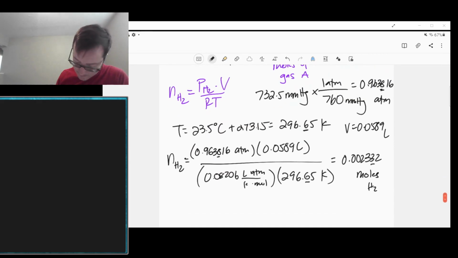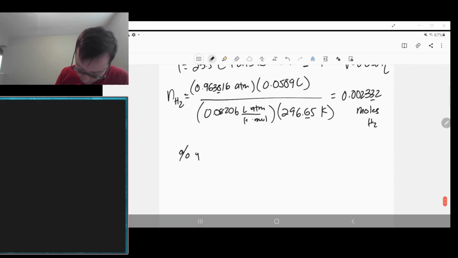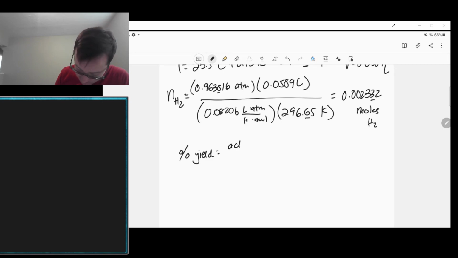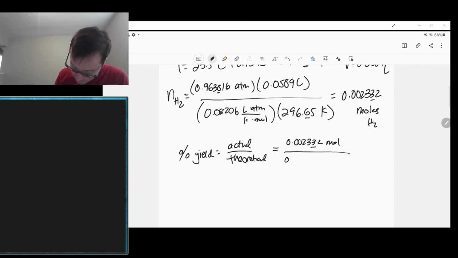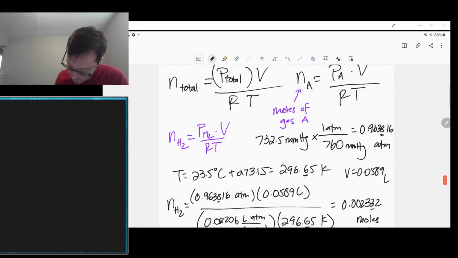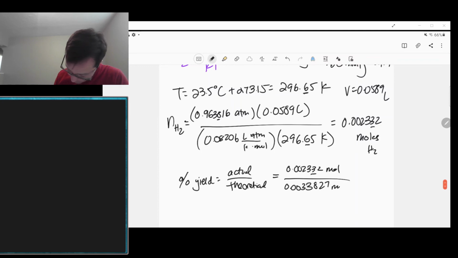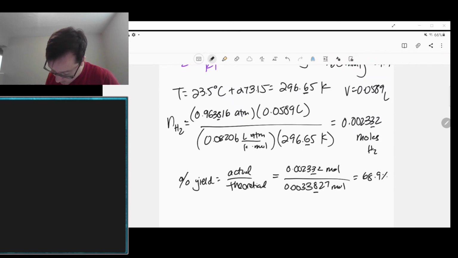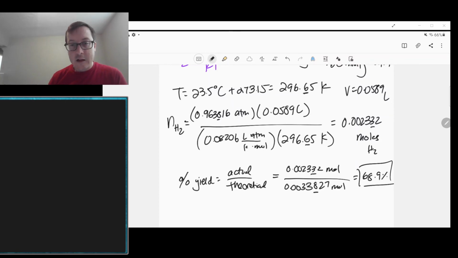And so our percent yield is the actual yield over the theoretical, which is 0.002332 moles over 0.0033, I forgot the rest of the number, sorry, 827. Okay, so take this number divided by 0.00333827, and so we got that this reaction was 68.9% yield. Fun.